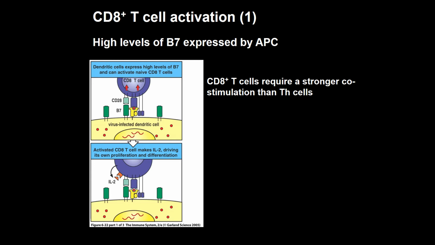And dendritic cells are well known to express very high levels of B7 once they get mature. And so the dendritic cells express high levels of B7, and that could directly activate the CD8 positive T cell because of that strong CD28 B7 interaction. Okay, so CD8 T cells require a stronger co-stimulation than T helper cells.